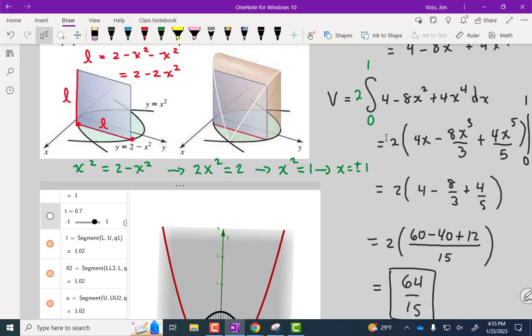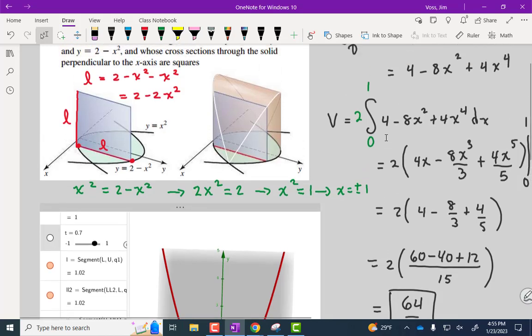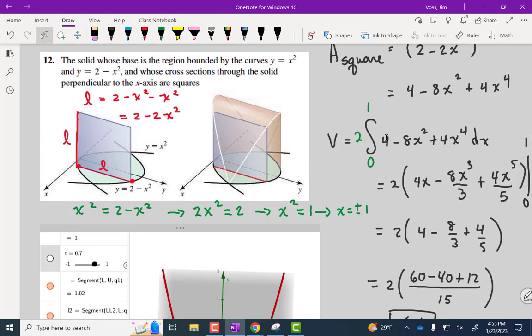Question? You found the area for the square, and then you took that answer and plugged it into the integral for the volume. How did you know that you're supposed to do that? Because the integral of area gives volume. It's like acceleration and velocity. Oh, okay. So integral of length gives area, integral of area will give volume.